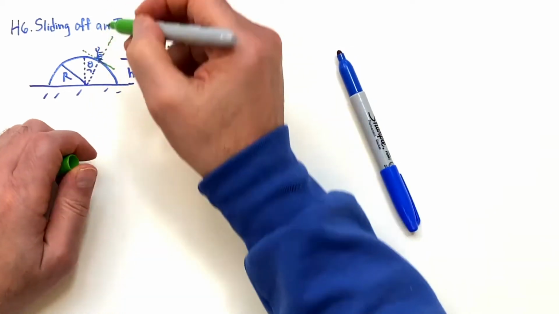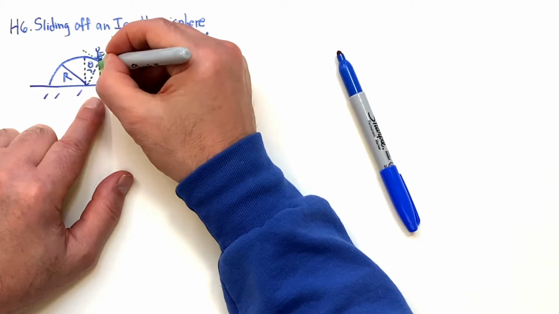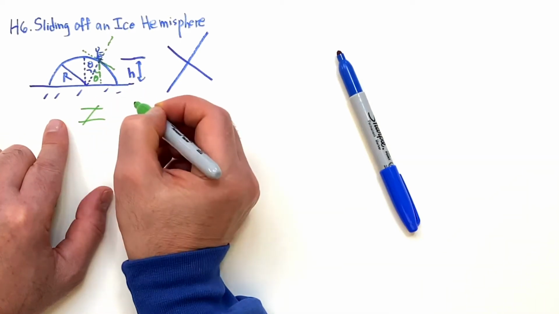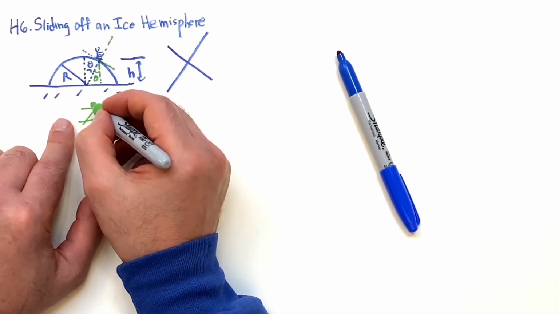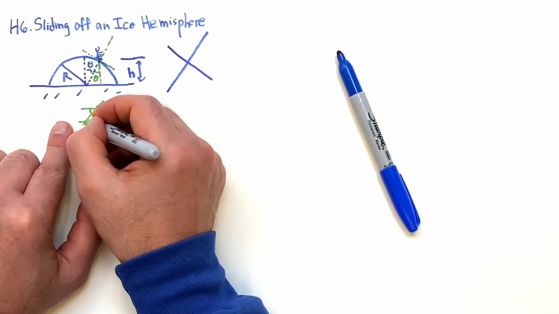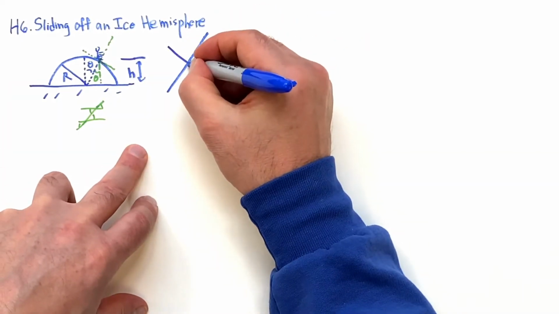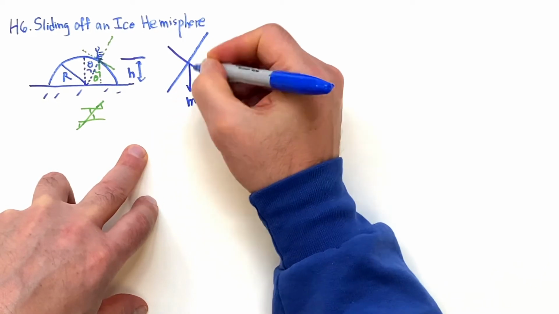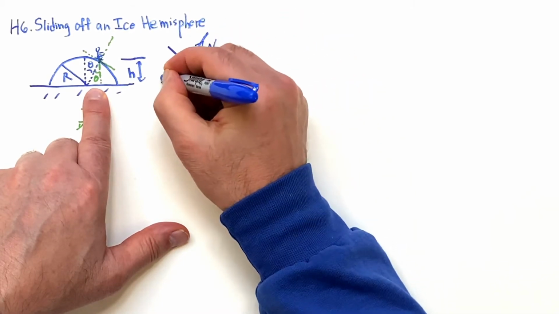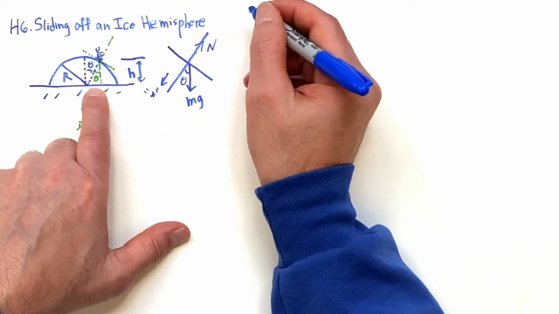So there are the two axes, and here if I drop straight down, alternating interior angles, that has to be theta. Isn't that cool? These angles, by the way, are equal also. Okay, so here we got mg going straight down. That means this angle here is theta, and we have the normal force going up.